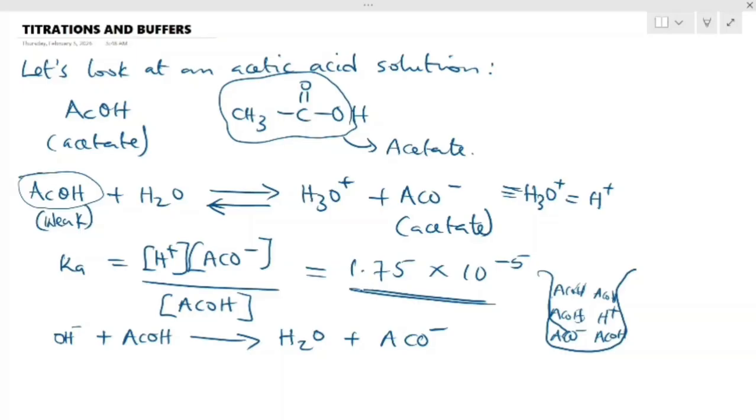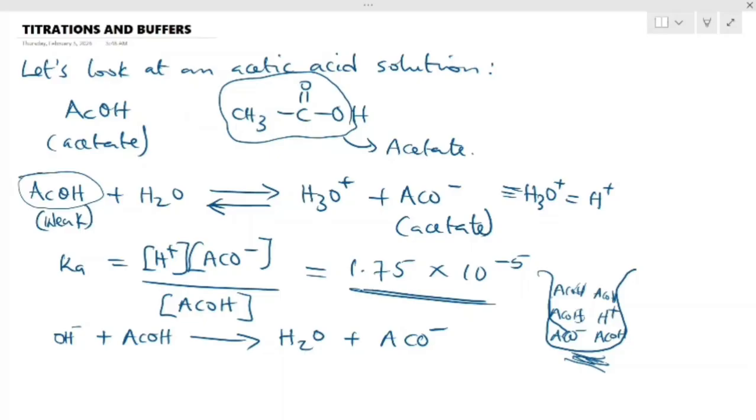You continue that until you have a significant amount of your acetate and what? Your acetic acid. A significant amount of your acetate by ripping away that hydrogen. That's basically what happens in this reaction, as illustrated here. As you continue to add your OH, you have the ripping off of hydrogen.